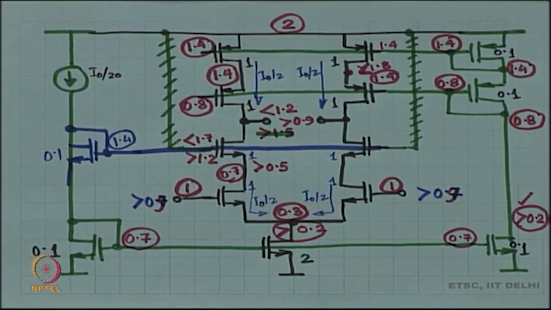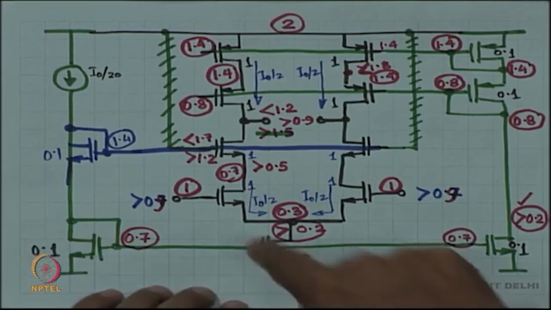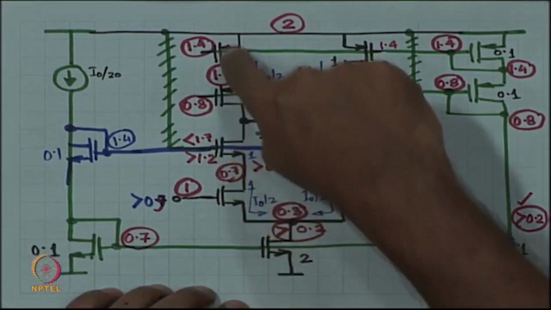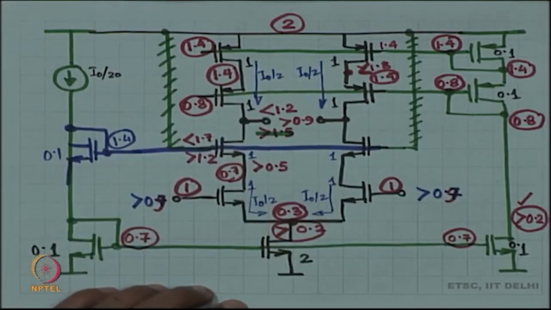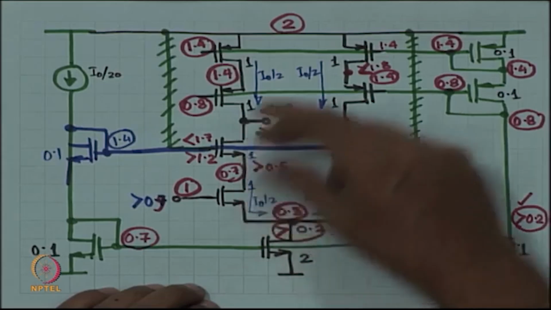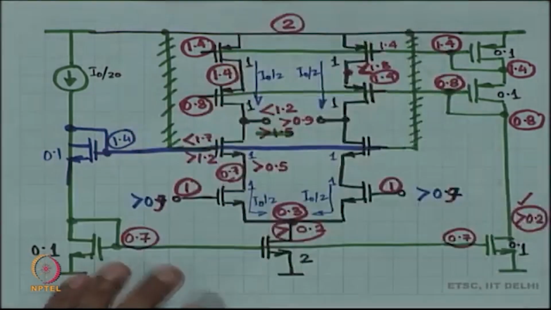All right. So, is this a good design or not? This is generally a good design, just that there are too many devices in a stack, okay, and each of these devices is eating up headroom, right.